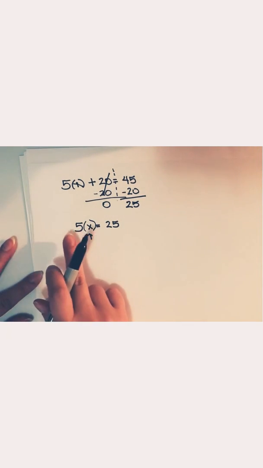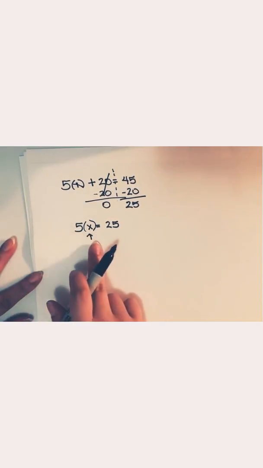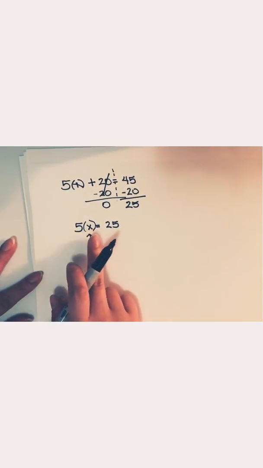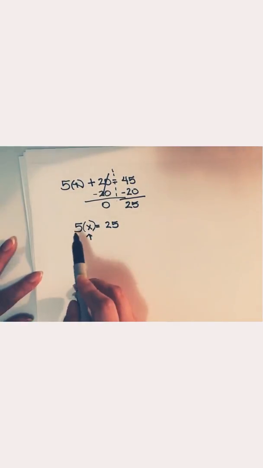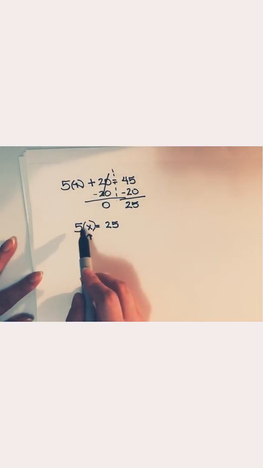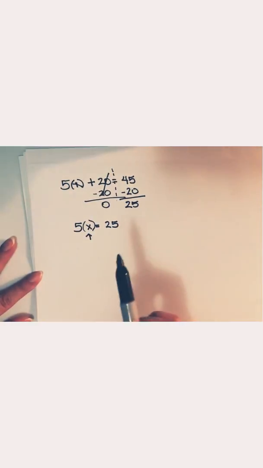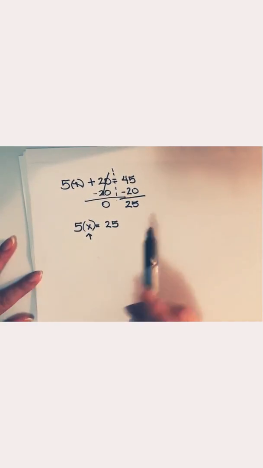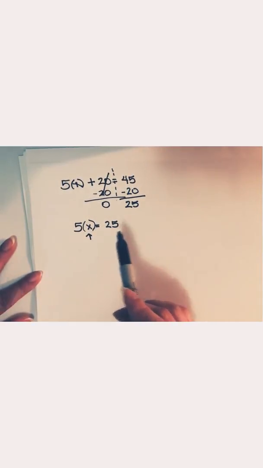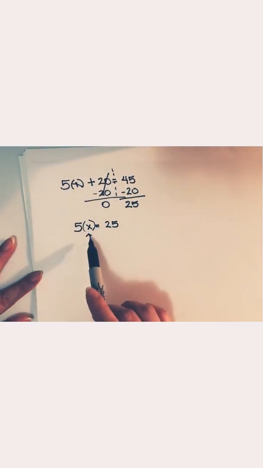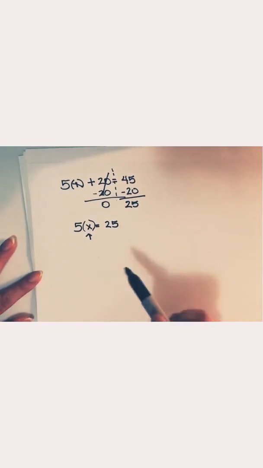Well, what's happening between the 5 and the x? Is this a multiplication, an addition, a subtraction, a division? This is a multiplication here, 5x, right? Because 5 times something is giving us 25. Not 5 divided by something, not 5 adding or subtracting something. It's 5 times something that equals 25.